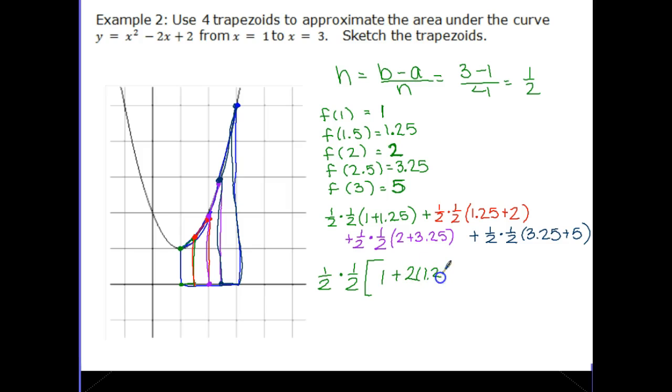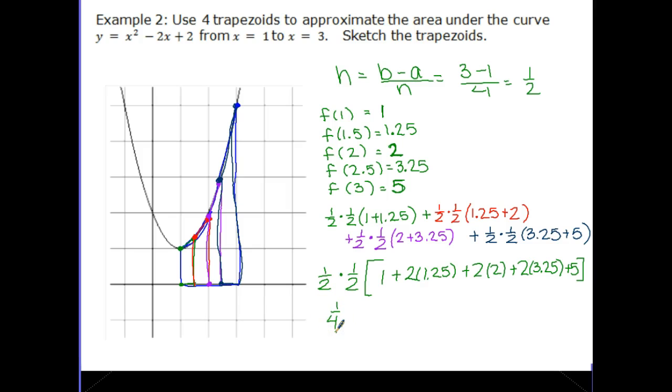So 2 times 1.25 plus 2 times 2 plus 2 times 3.25. The only one that doesn't double, like the first, is the last. You'd have to do that for just the middle one. I thought that's what you were doing.